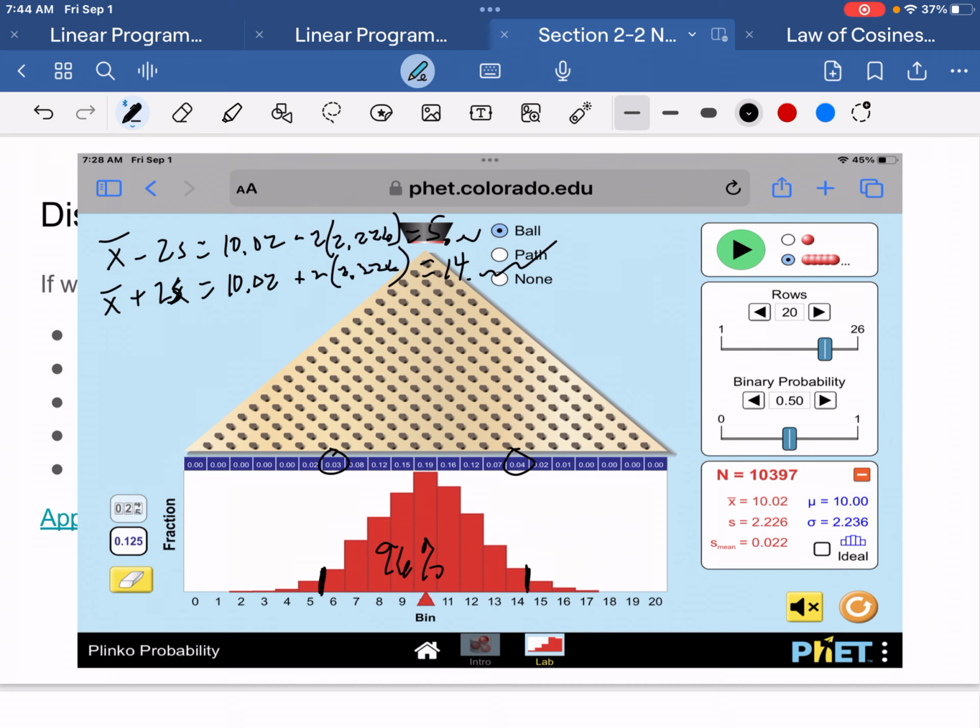So 96% of the balls fell into bins 5 through 14.